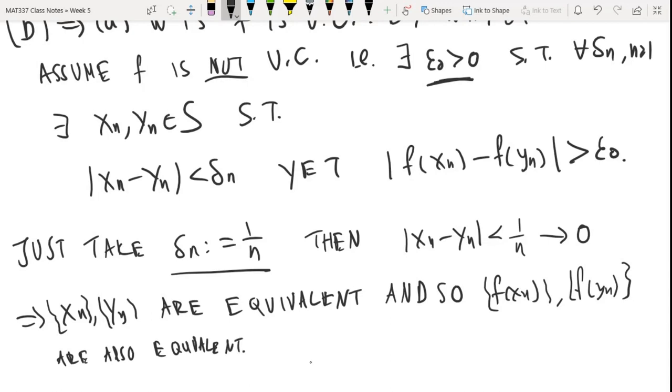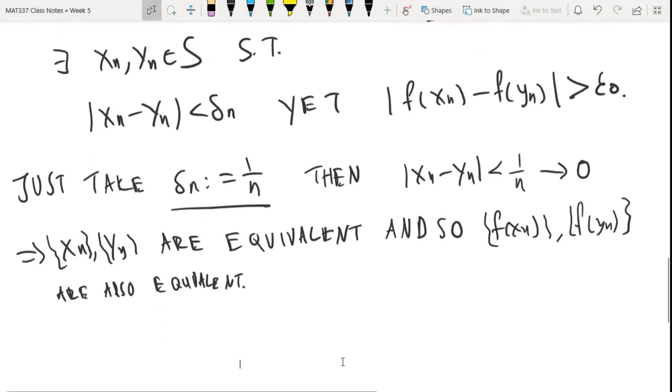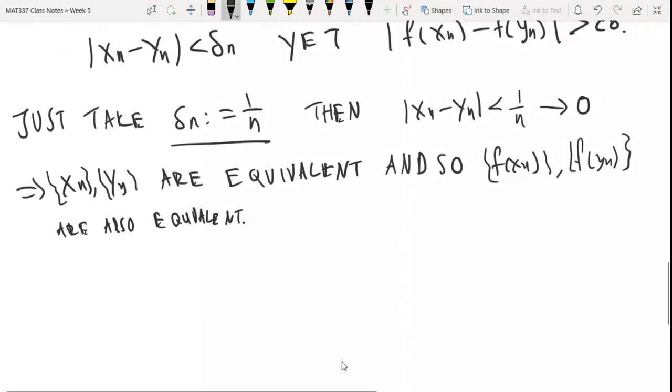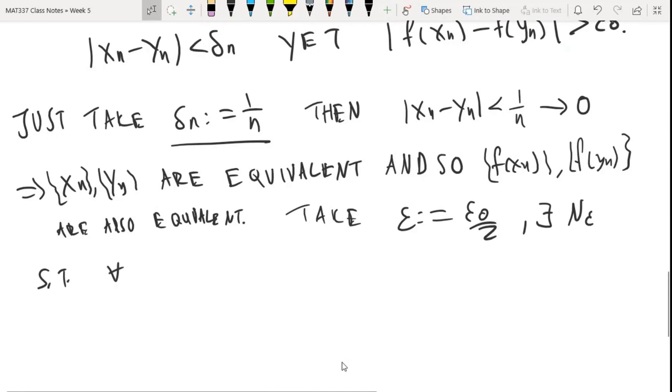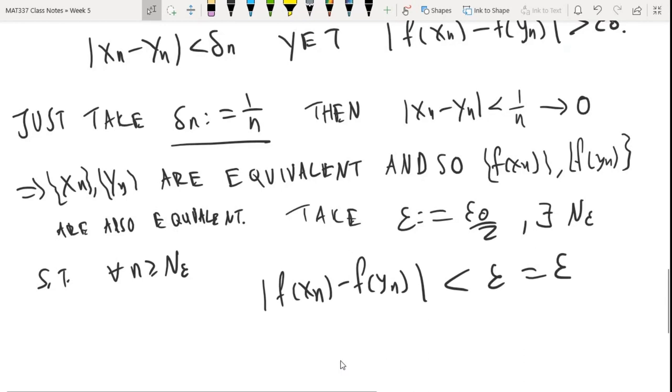Right. But then this gives a problem, right? So just take epsilon to be epsilon naught over 2. There exists an n epsilon such that for all n bigger than n epsilon, we have f of xn minus f of yn is less than epsilon.